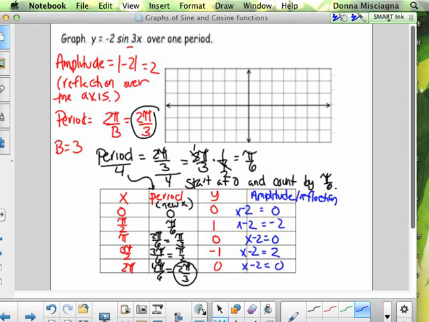All right, so our new coordinates: that's our new x, and this is our new y. So we have 0, 0, and pi sixths, negative 2, and pi thirds, 0, and pi halves, 2, and 2 pi thirds, 0.